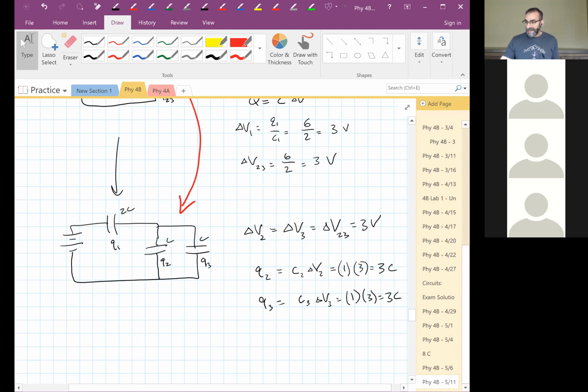Okay, so let's think about parallel plate capacitors a little bit.